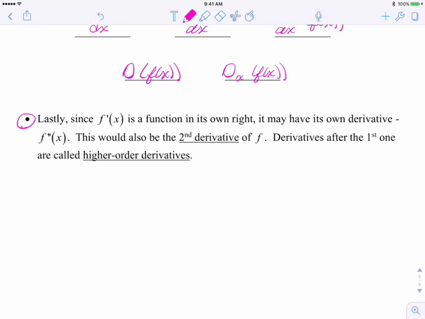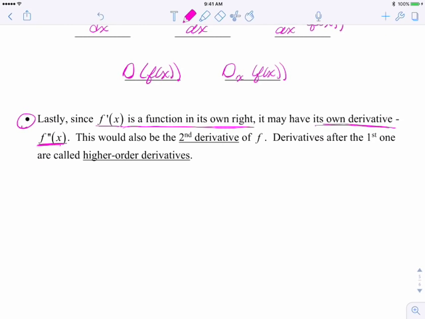Lastly, since f prime of x is a function in its own right, it may have its own derivative, which we would denote with 2 tick marks. That would be read as f double prime of x. Now, the number of tick marks that you see tells you how many derivatives away from the original function you are.